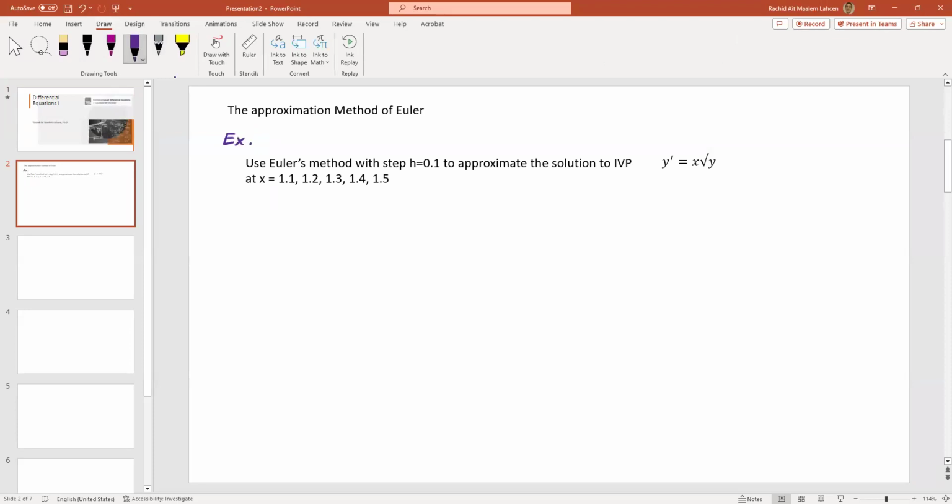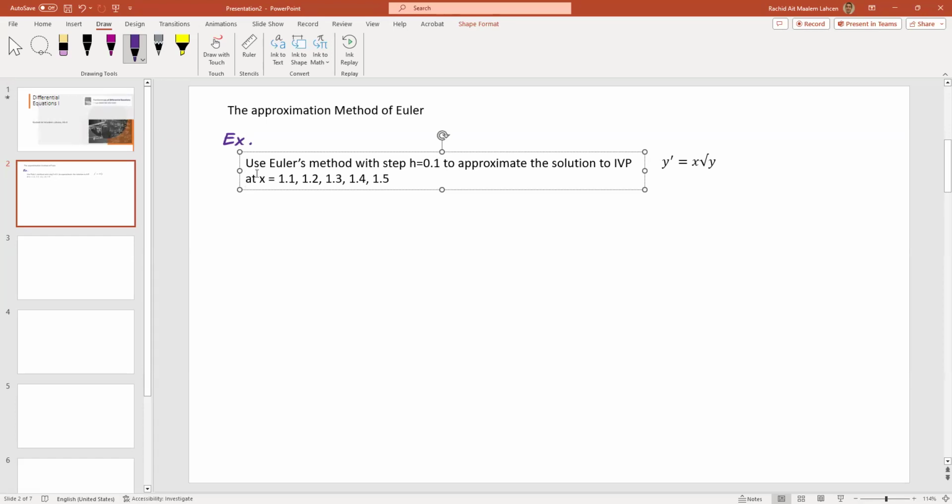Use Euler's method with step h equal to 0.1 to approximate the solution to this IVP, y prime equal x times square root of y, at x equal 1.1, 1.2, 1.3, 1.4, 1.5. And of course, something is missing here.